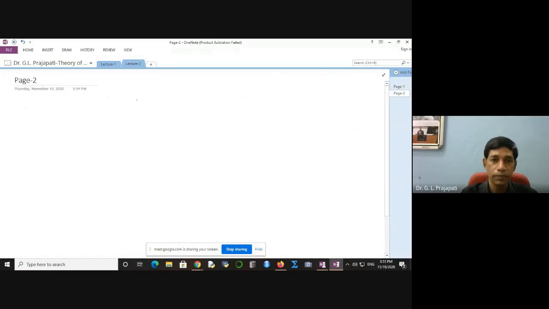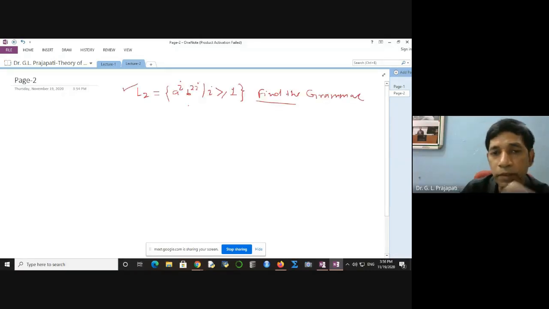So this is the definition of the language represented by any grammar. Now let's see a different example, L2. See how many sentences are there in this language. You have many possibilities, and you can list some sentences here. i can be greater than or equal to 1. If i is equal to 1, you will have a b b.